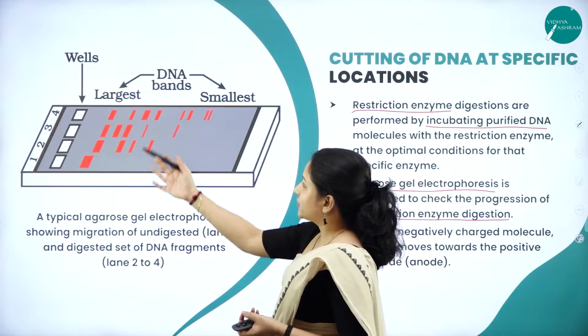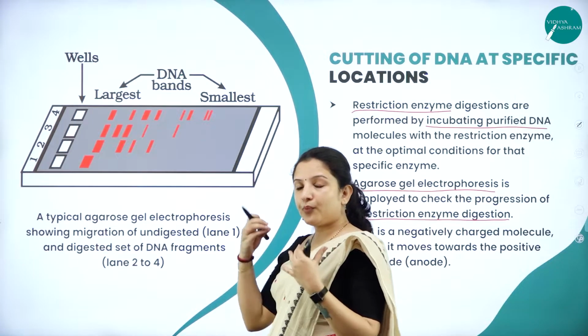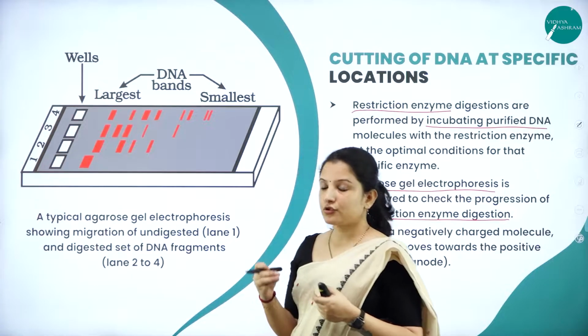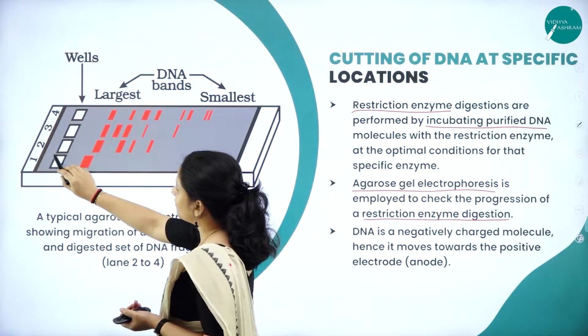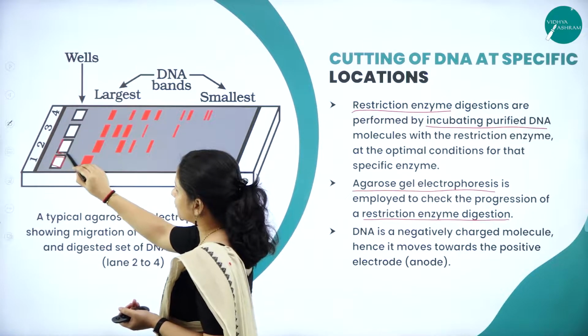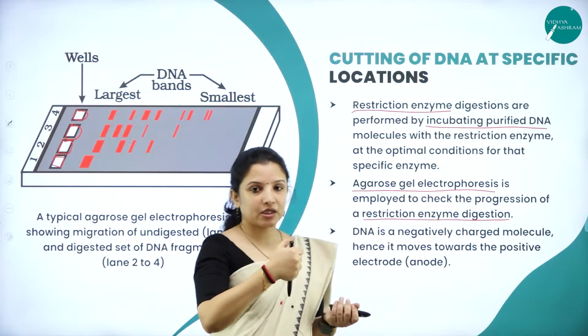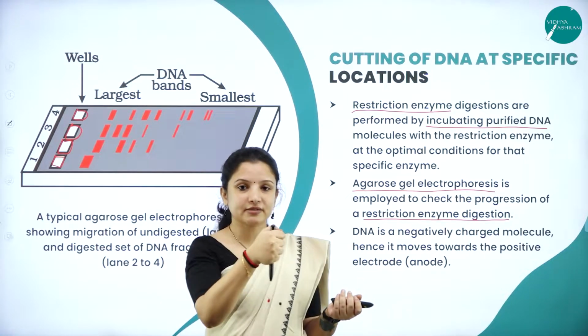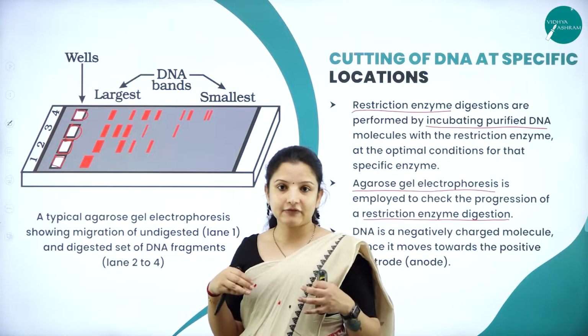They pour agarose gel into a plastic tray. Once the gel has solidified, they cut small pieces and remove them like this, so it forms a well. Into that well, they load the sample that we have. What does that sample contain? It contains the DNA fragments.